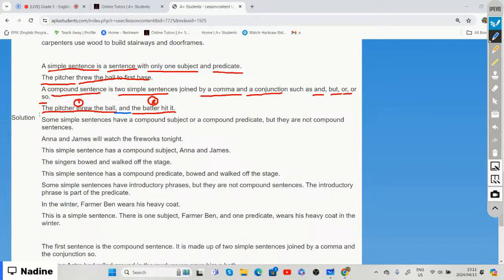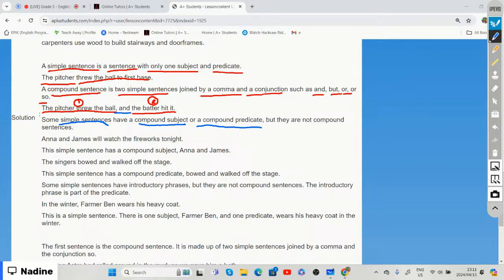Then we also have some simple sentences. Remember, a simple sentence is a sentence that only has one subject as well as a predicate, and it shows a complete sentence. But some of our simple sentences have a compound subject or a compound predicate.